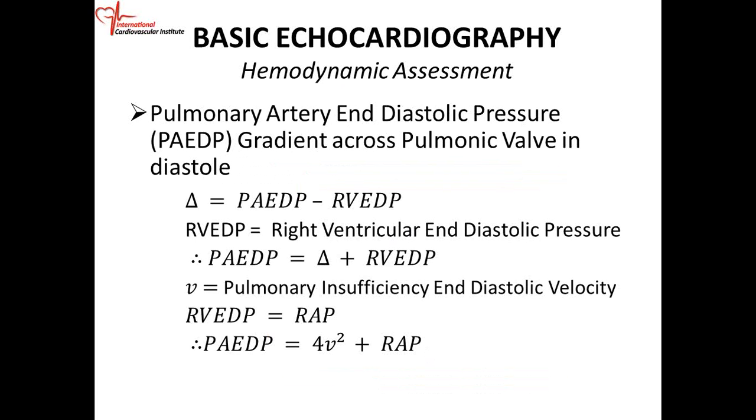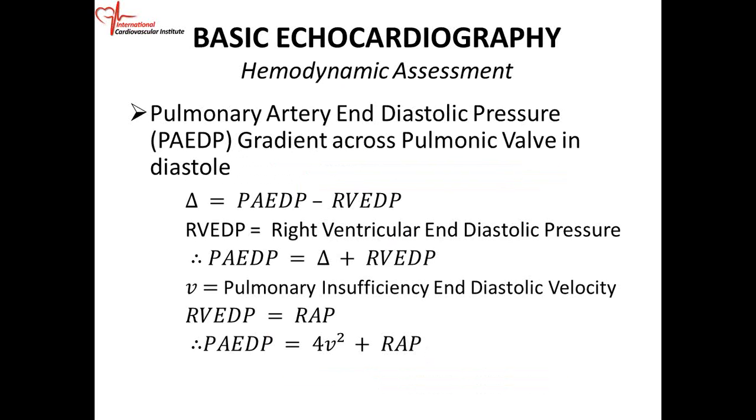So for you to get pulmonary regurgitation, the pressure in the pulmonary trunk is going to be greater than the pressure in the right ventricular flow tract in diastole, because pulmonic insufficiency occurs in diastole. Pulmonary regurgitation is a diastolic phenomenon.